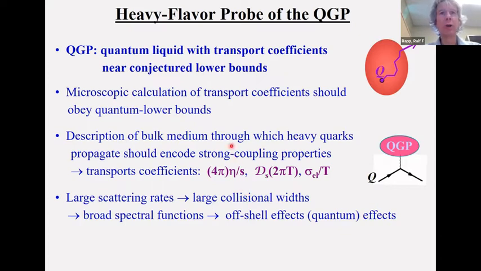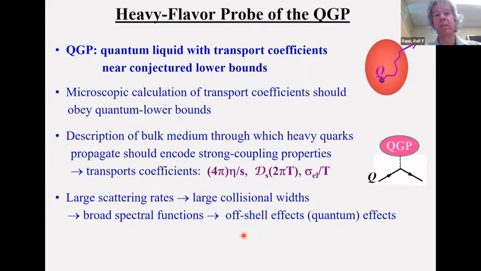So what are quantum effects? They can come in various flavors, literally. But I think what is clear is that we really have very large scattering rates in the system. And that means large collisional widths of our excitations or degrees of freedom. And that, of course, means broad spectral functions. And it's really a question how broad they are.